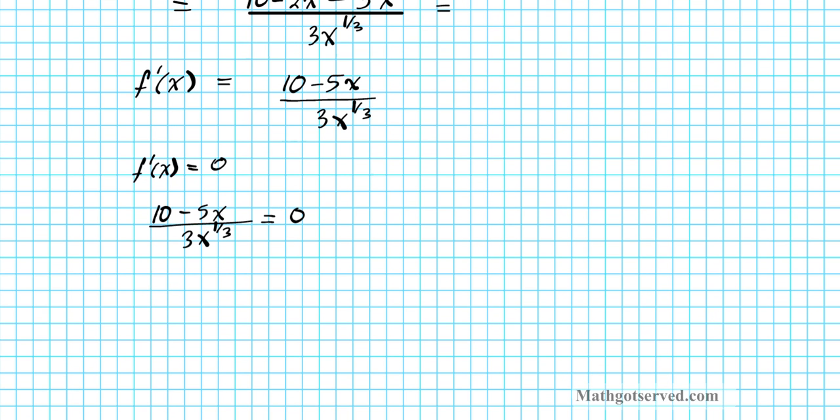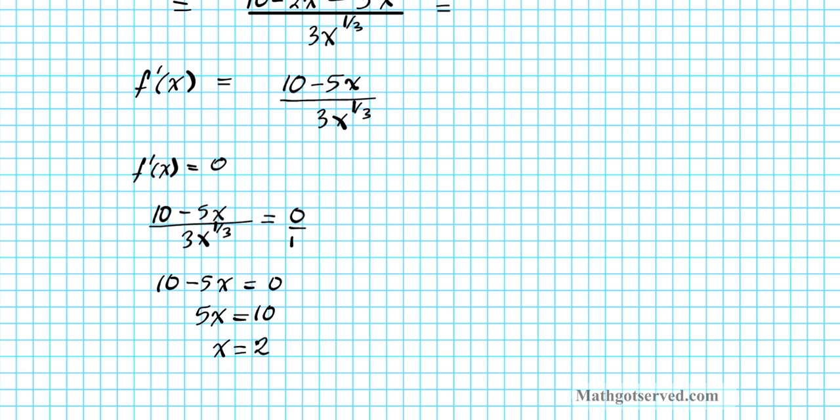Okay? If we cross multiply this over 1, we're going to have 10 minus 5x equals 0. If we add 5x to both sides, 5x equals 10. Divide both sides by 5, x equals 2. Okay? So there goes your first.